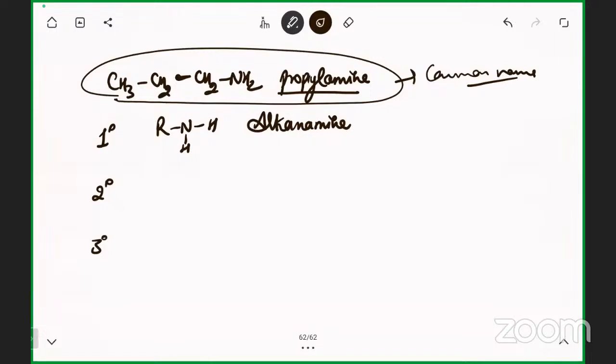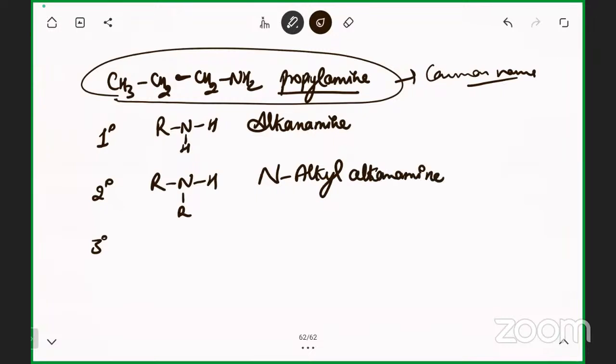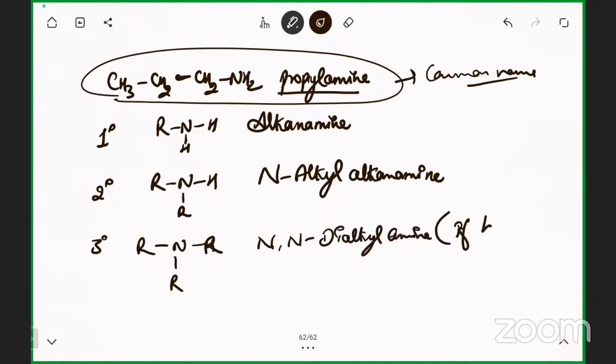For IUPAC, this is alkanamine. Then R, N, R, that is called N-alkyl alkanamine. Then R, N, one more R, then N-dialkyl alkanamine, if both R are the same.